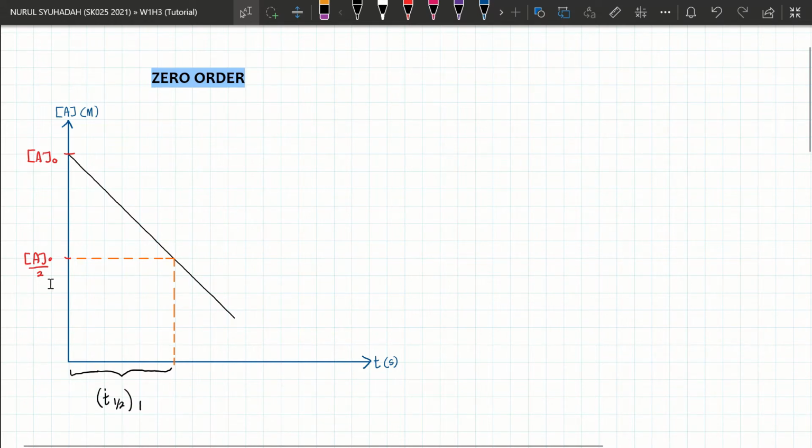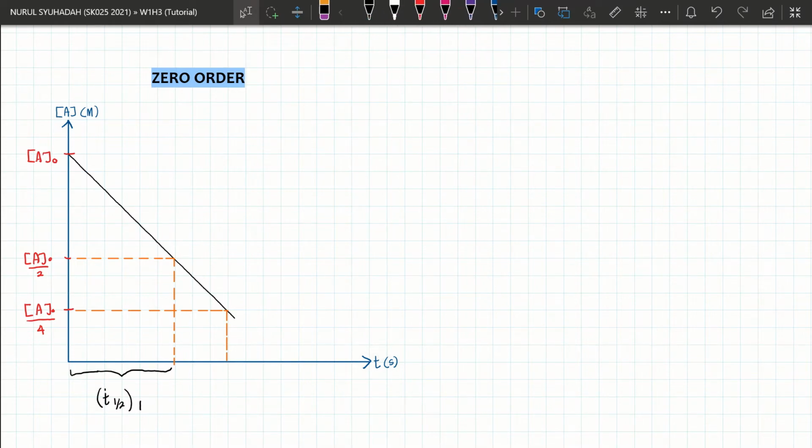Let's label that. I have my second half-life here based on this concentration, meaning this is my initial concentration for the second half-life. I label it from here to here, T half 2, like that.